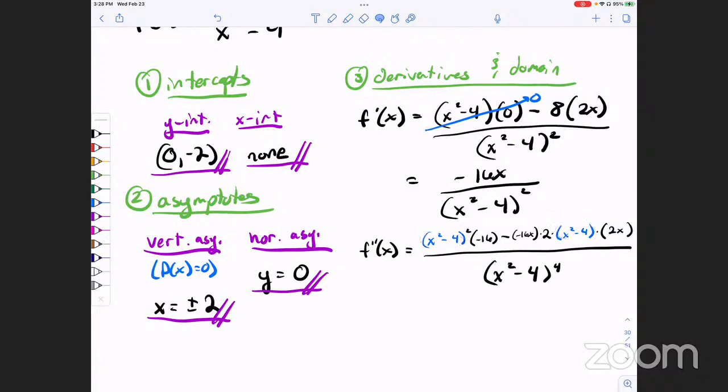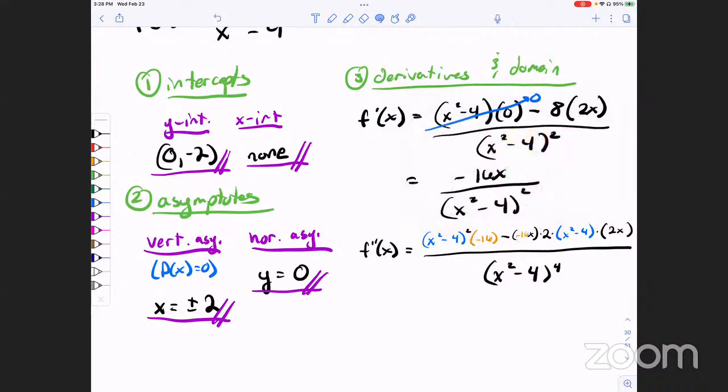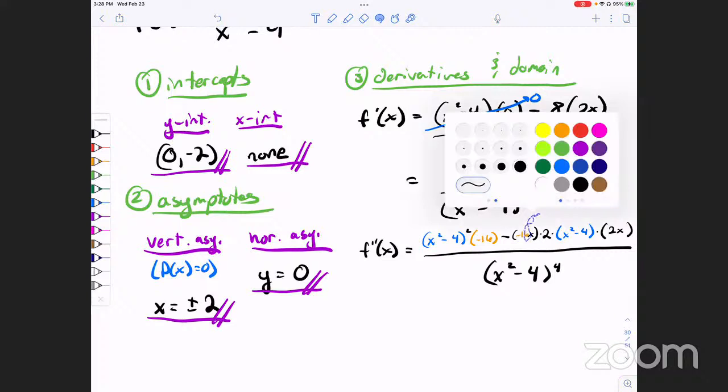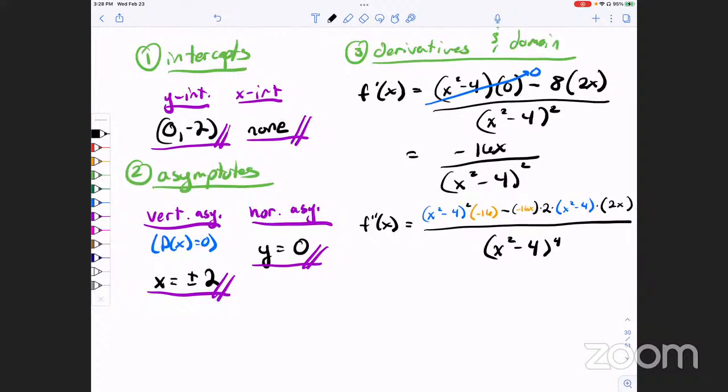Looks like they both have that negative 16. So there's one here and one here.